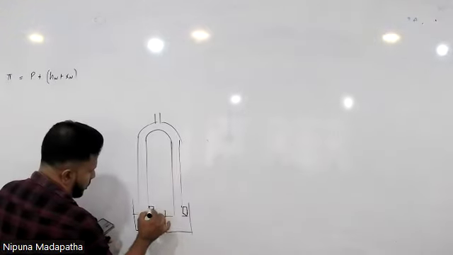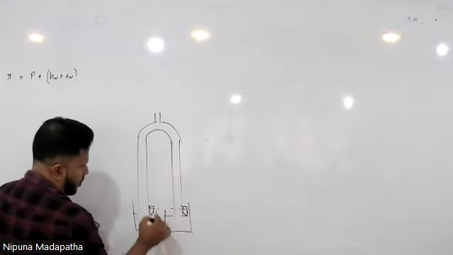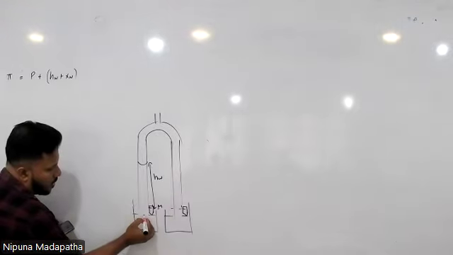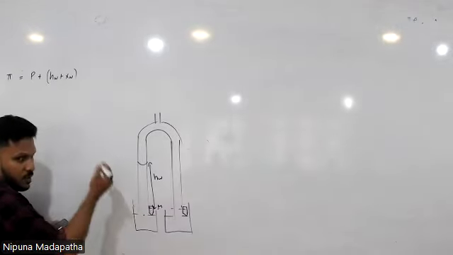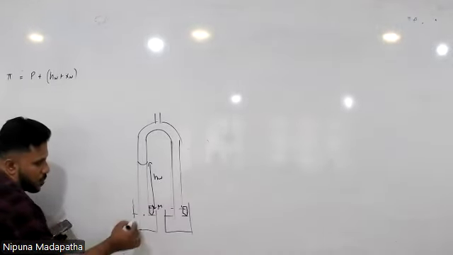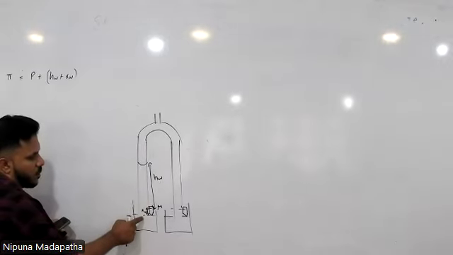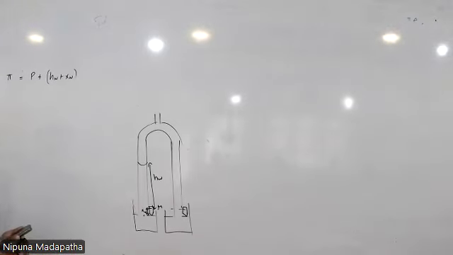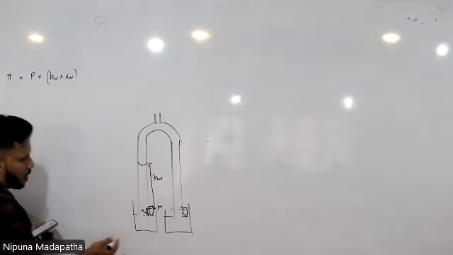From mark M we measure the liquid column, where the height is HW. So you need to get the height of the liquid column from this point onwards. So height of the indicator is XW. So HW plus XW is the actual total height of the water column.